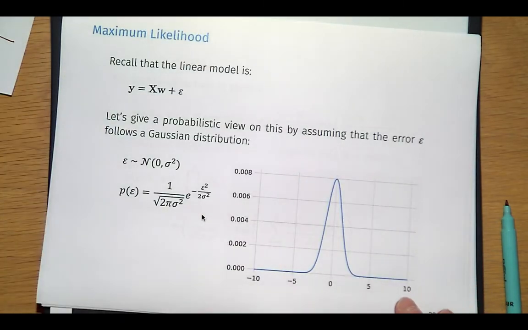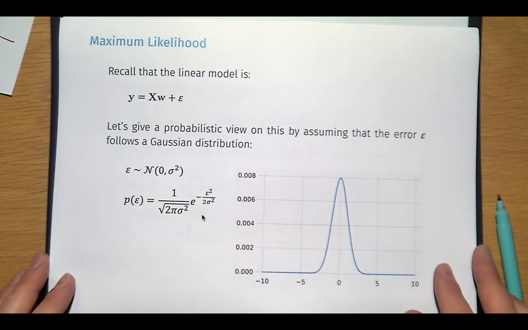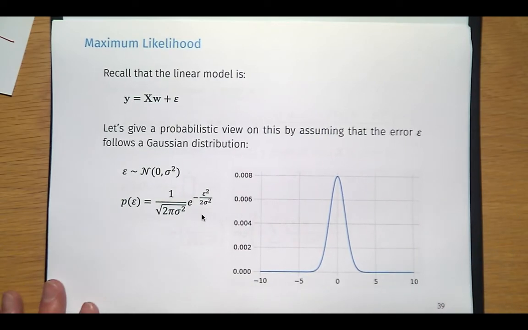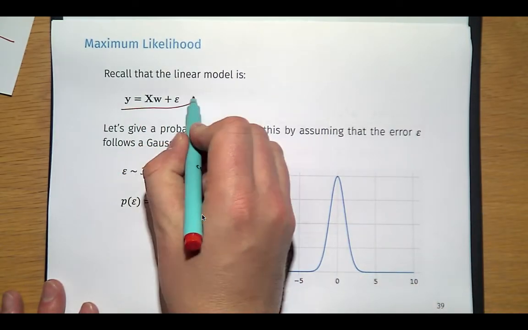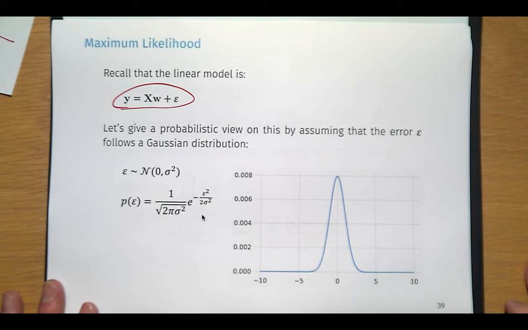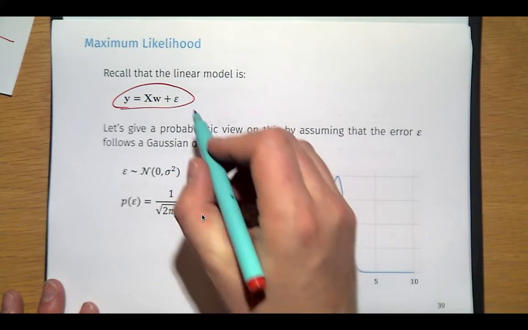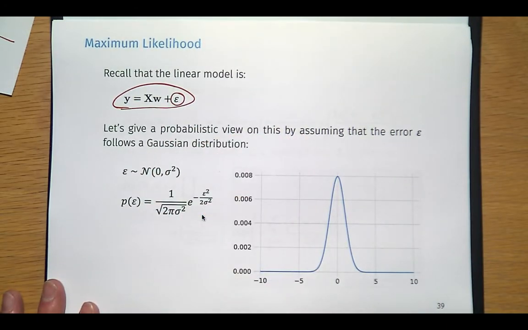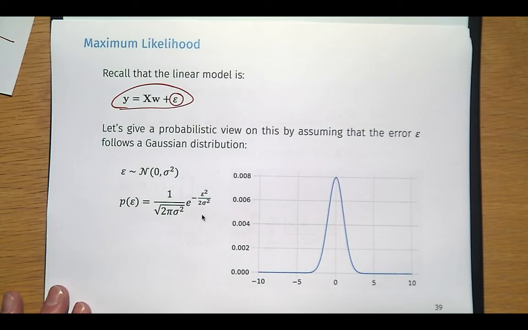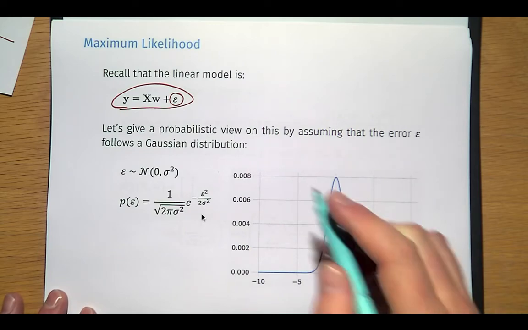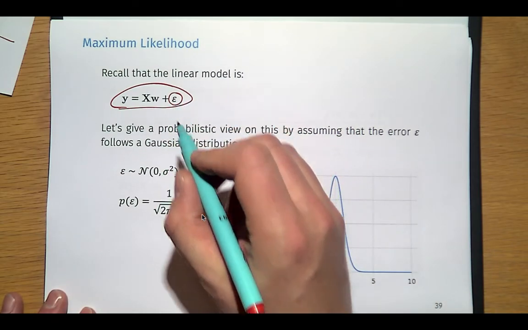So this is the model we have, okay? We have our linear model in matrix notation, and we have this term epsilon here, okay? And what Gauss did, he said, right, what if we try to give that a probabilistic view and try to see what kind of error epsilon has?